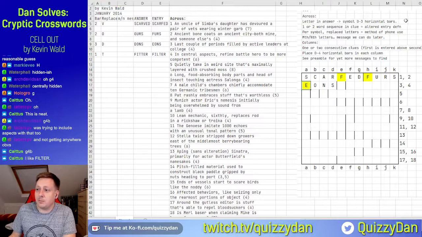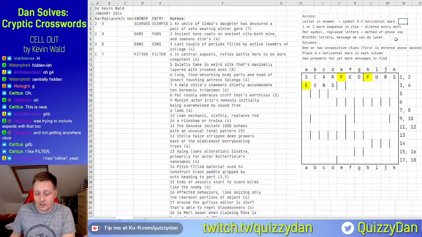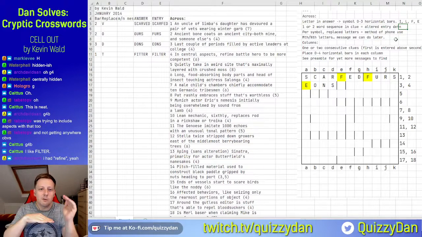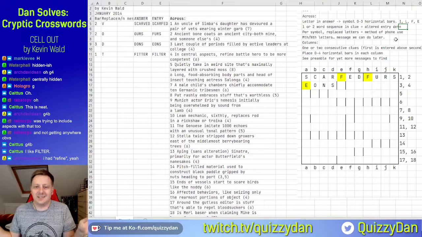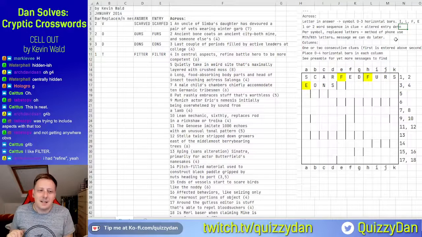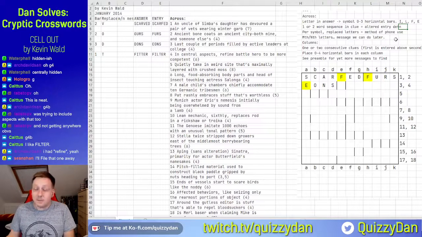So the symbol with 0 to 3 horizontal bars, it's I, L, F, and E. Okay, the I's in this font have got 2 horizontal bars. We shall ignore that. Pesky, but that's a really nice way of doing it. There's an Only Connect sequence in that, but anyway, 5 across, quietly. Oh, I can enter it as well. Filter.